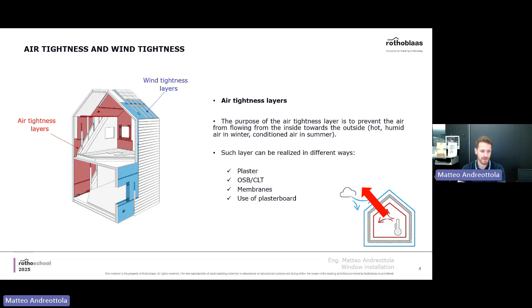But usually there are not very many details in the drawings for the airtightness and for the waterproofing actually. And this is why sometimes there are issues, because you're basically relying on the people doing the installation job.